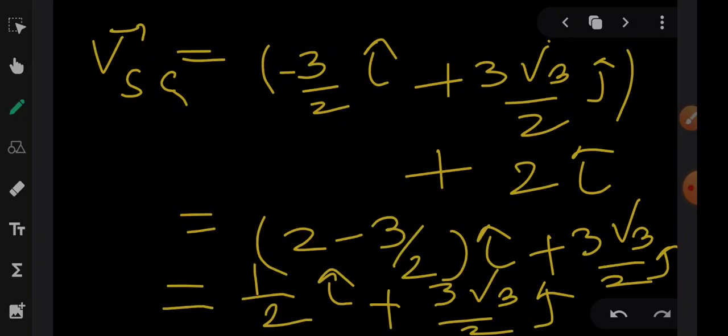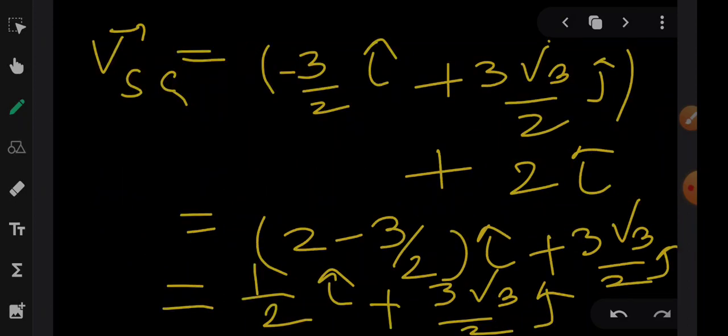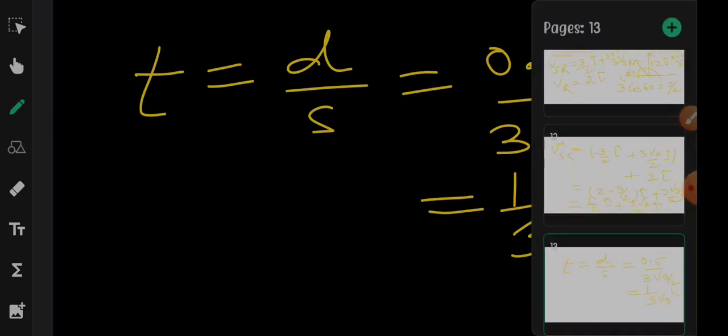And next is, what point on the opposite bank it will arrive. So here the velocity along horizontal is 1 by 2 kilometer per hour. So drift will be speed into time.